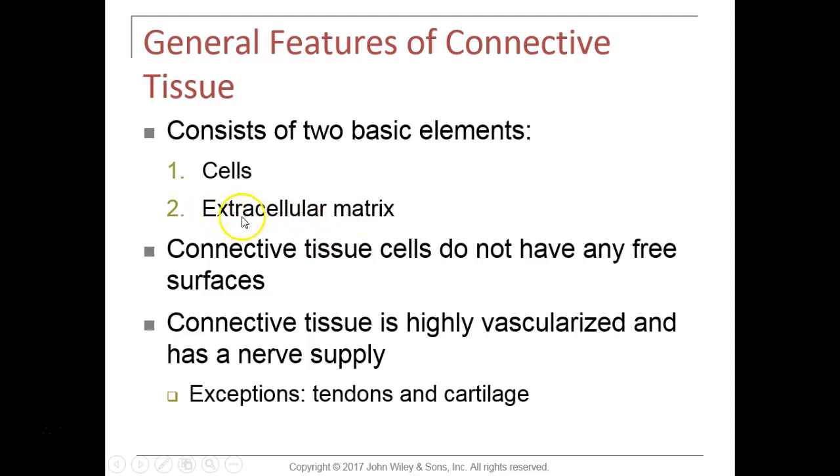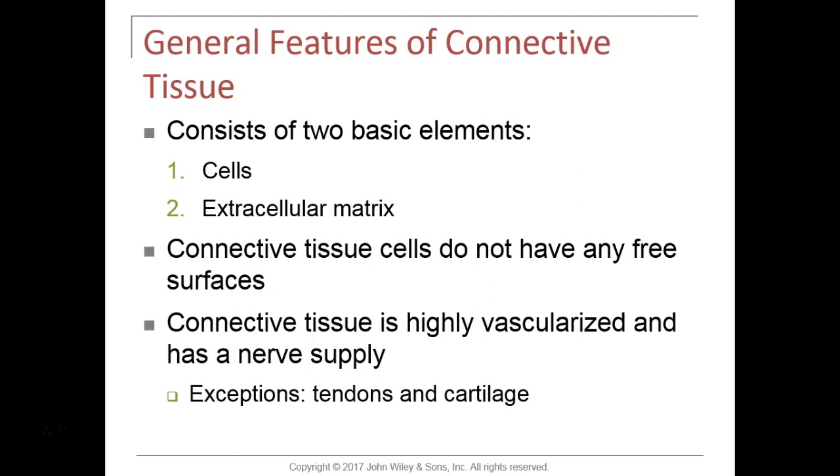Now, no connective tissue in the body has a free surface like epithelial tissues do, because all connective tissues are covered by other tissues, in particular epithelial tissues. Now, all connective tissues except for tendons, ligaments, and cartilage are highly vascular.